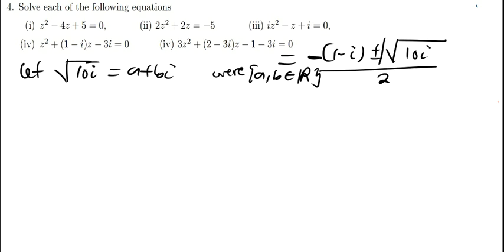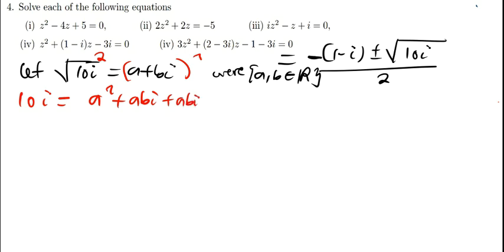So I can square both sides. Here I square, meaning I've got 10i equal to a times a is a squared, a times b is abi, then bi times a is plus abi, and bi times bi is b squared i squared. Everything has to be squared in this case. One thing we have to remember is that it's the same as the square root of 0 plus 10i.